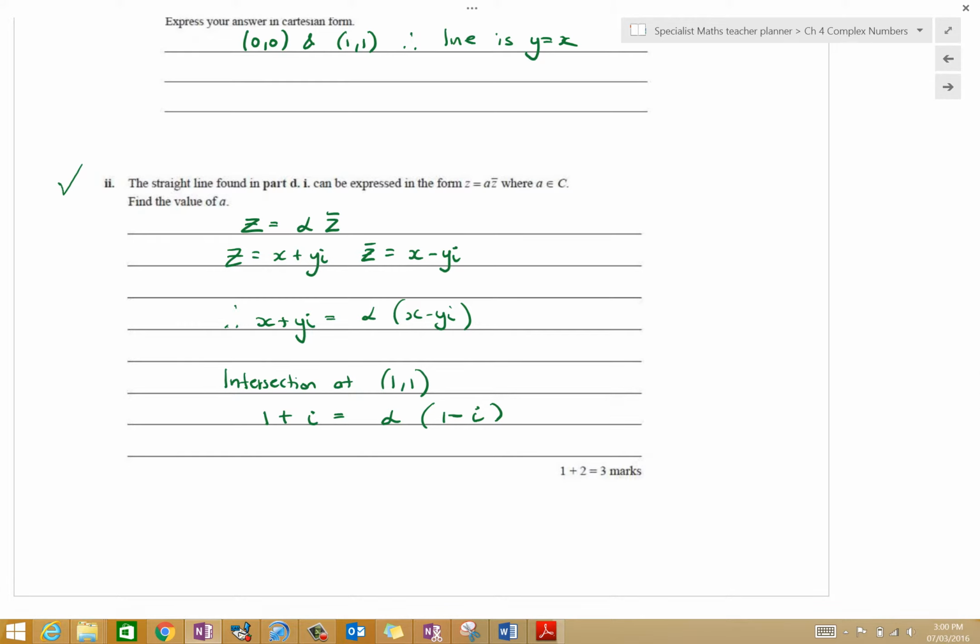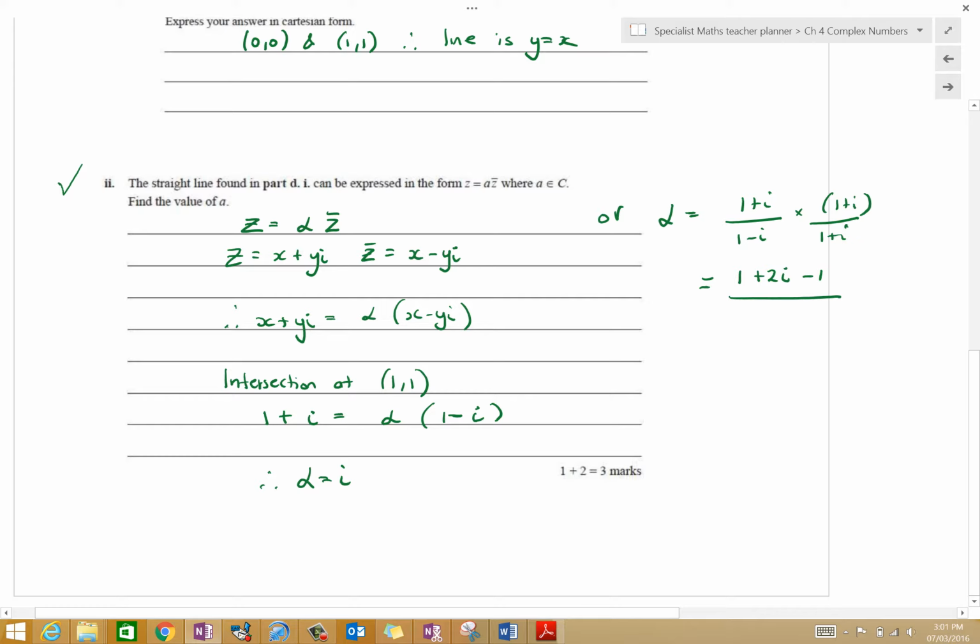Yeah, it's definitely... Now, a lot of people would go, oh, alpha's 1. No, it's not. Now, we could do it one of two ways. We could just instantly go from there to saying, therefore, alpha equals i. Or, we could do this, couldn't we? We could say that alpha is equal to (1 plus i) over (1 minus i), and I multiply by the conjugate, which is (1 plus i) over (1 plus i). And on the top, that's going to give us 1 times 1 is 1, plus 2i, plus i squared, which is minus 1.